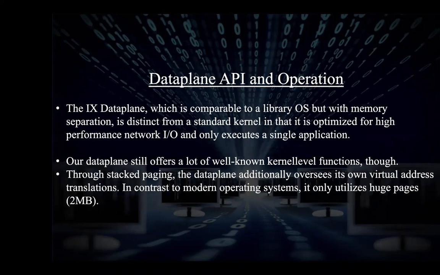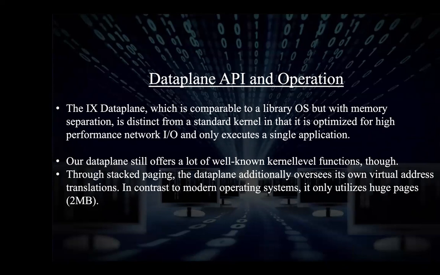Data plane API and its operation. The data plane, which is comparable to a library OS but with memory separation, is distinct from a standard kernel in that it is optimized for high performance network IO and only executes a single application.